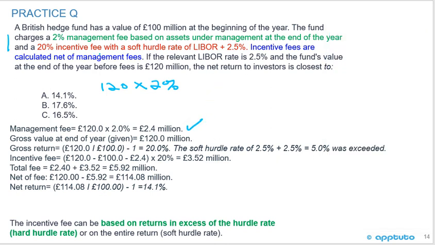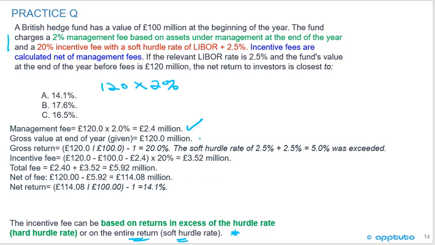Then it says here that the incentive fee has a soft hurdle rate of LIBOR plus 2.5%. So the incentive fee can be based on returns in excess of the hurdle rate or on the entire return, which is a soft hurdle rate. So that's important when we calculate: it says soft hurdle rate, so the incentive fee is going to be based on the entire return. That's another key thing, okay?